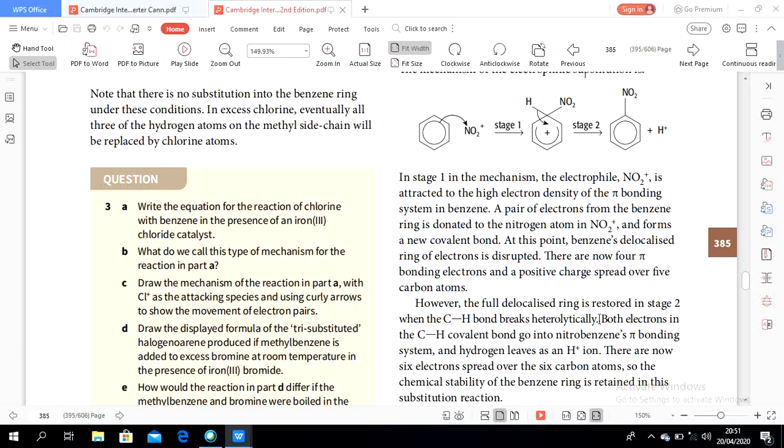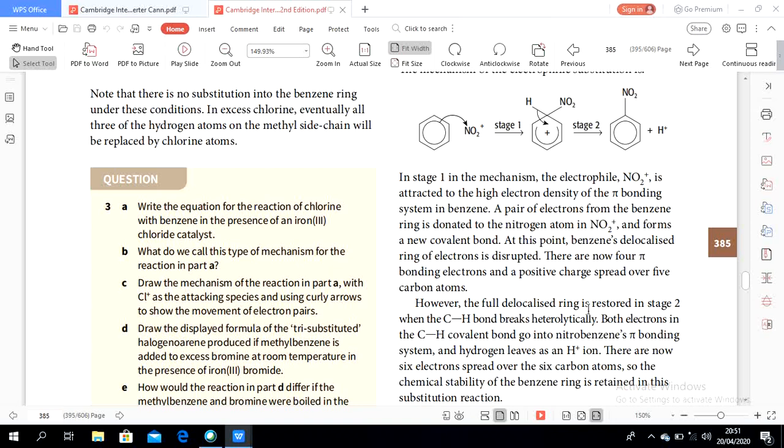Now, I know that you still remember the difference between homolytically and heterolytically. Homolytic fission means the formation of free radicals.